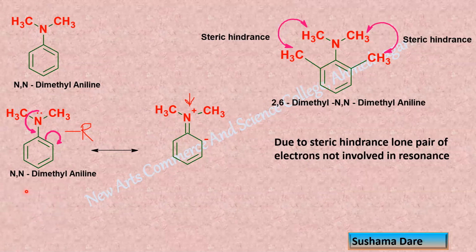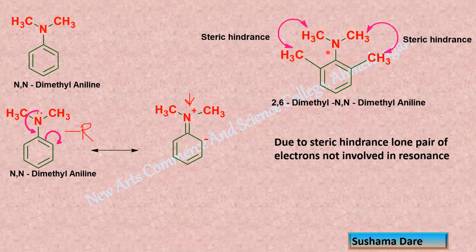In case of the second compound, due to this steric problem, to avoid this steric interaction, the ring changes its orientation because of the nitrogen atom and the ring, they do not remain in one plane. To minimize the steric interaction, the aromatic ring changes its plane a little bit. Due to that, the electron pair of the nitrogen atom and the aromatic ring are not in plane.